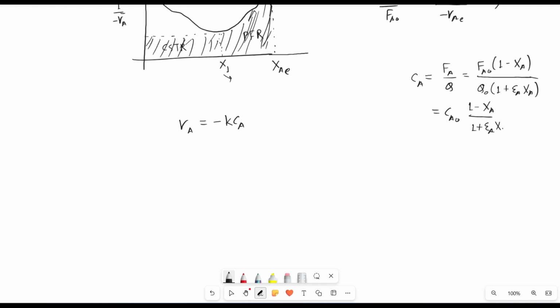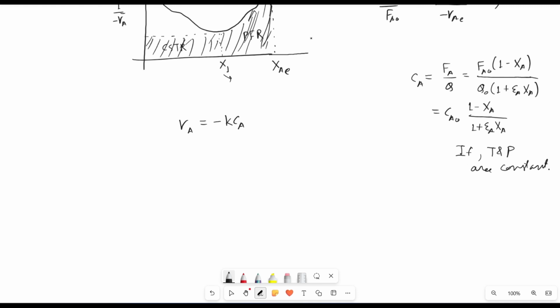Remember, this expression is only true if T and P are constant.